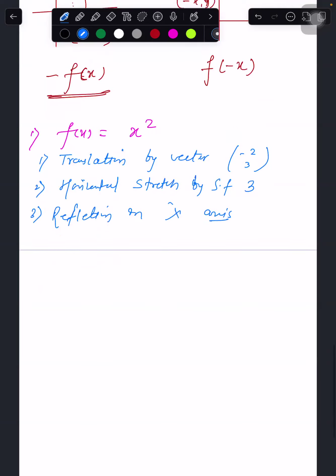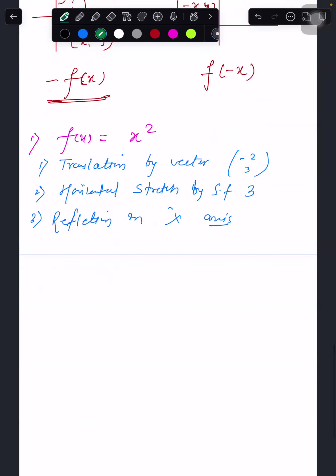Let's understand how we can solve this. While writing the transformation, we need to follow the order in which they have asked us to do. So they said first you do translation by vector minus 2 and 3. So when you see minus 2 here, what do you understand? You're moving 2 units to the left.